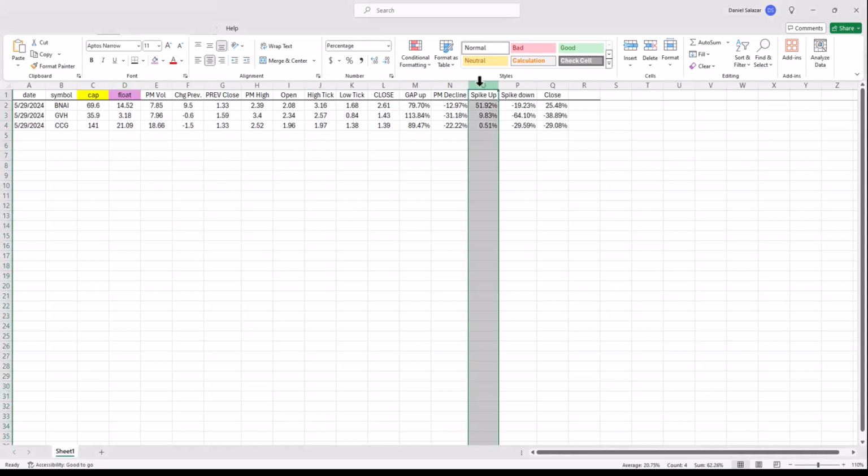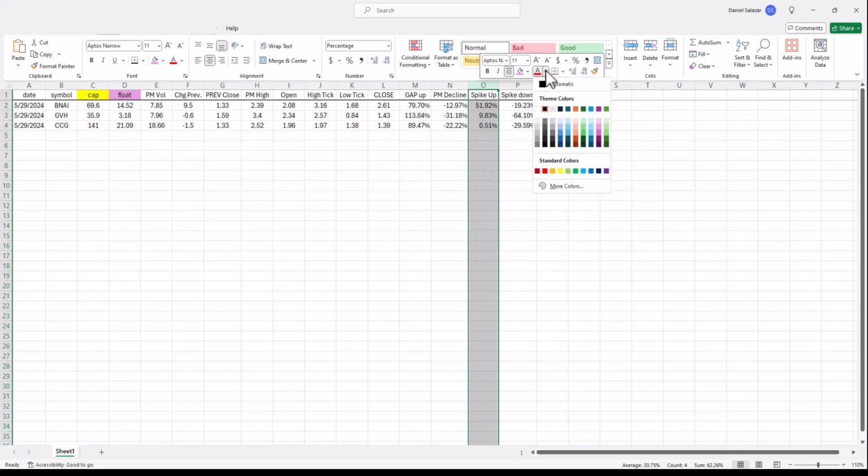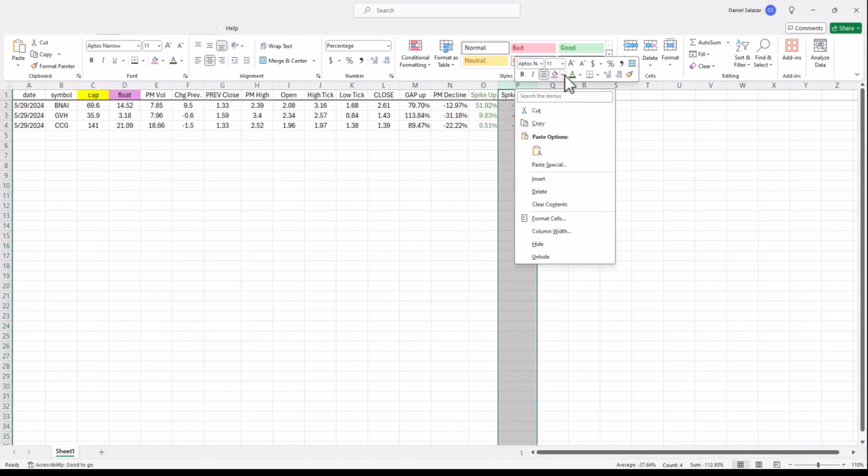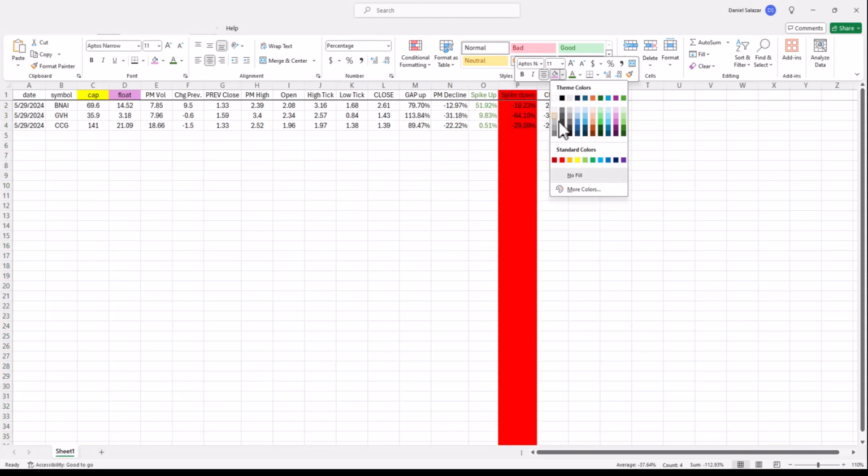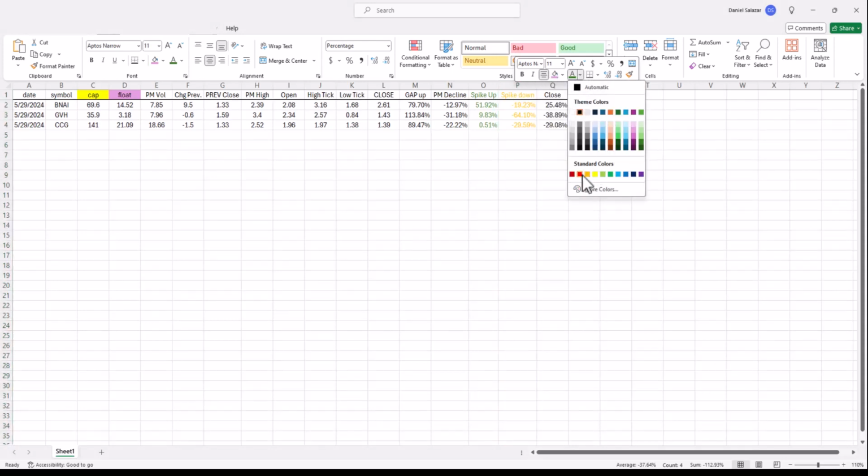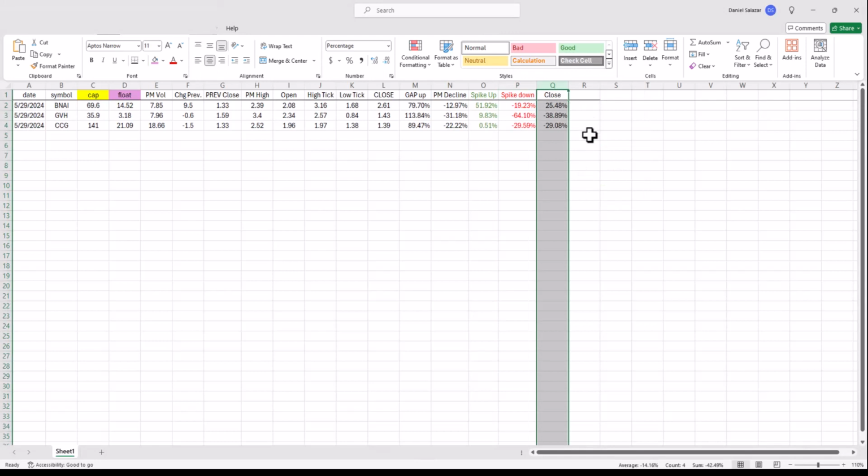Usually the spike up, I put them green because, you know, spike up, green, spike down, of course, red. And then as for the close, I put conditional formatting in case it is red. If it is negative, I want it red.